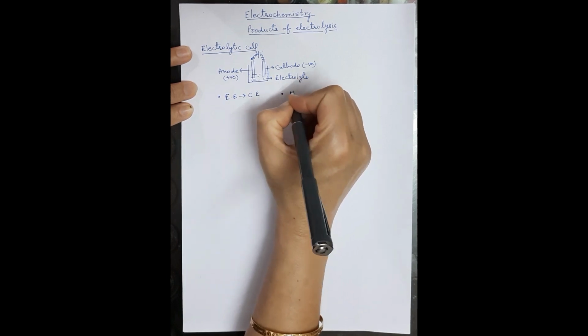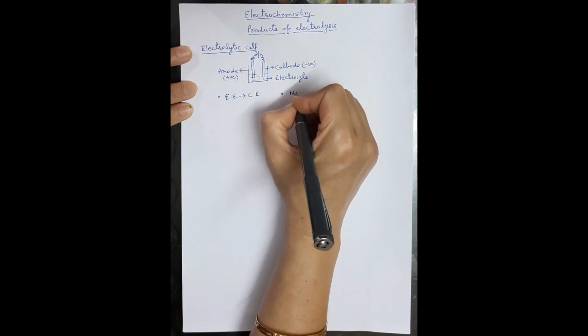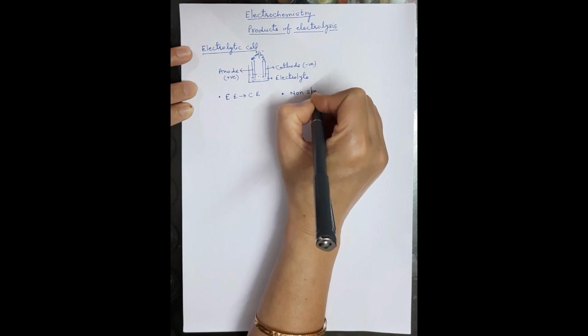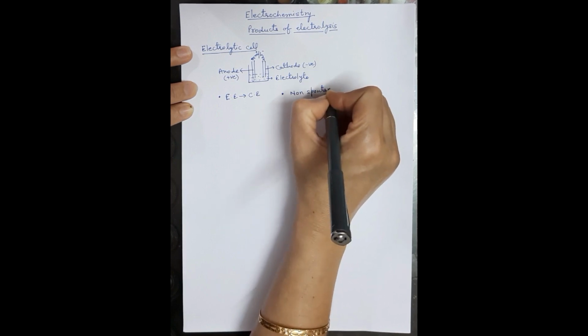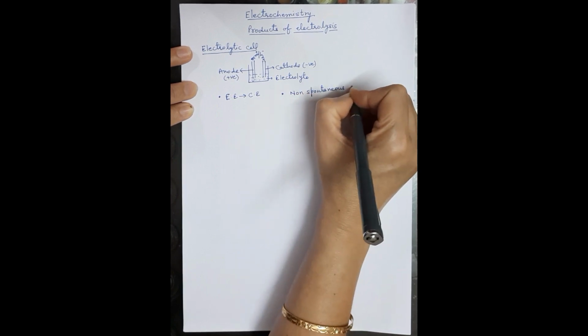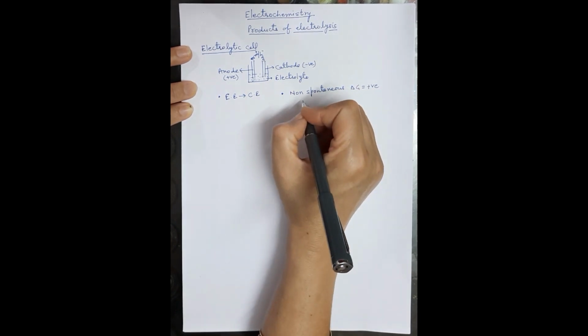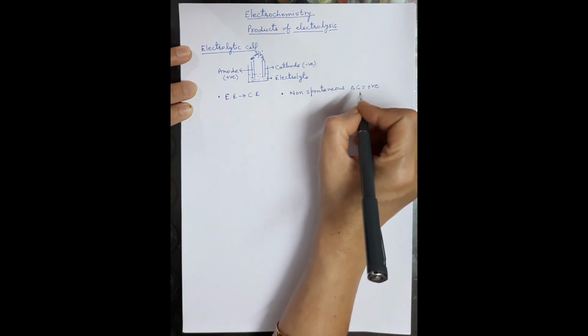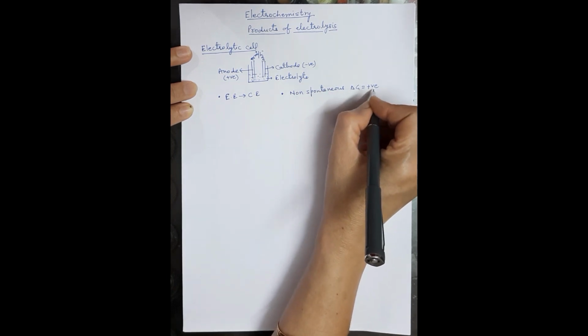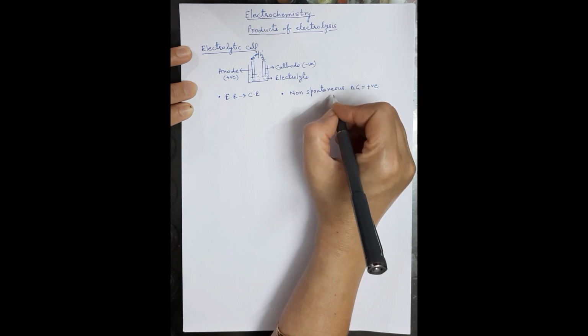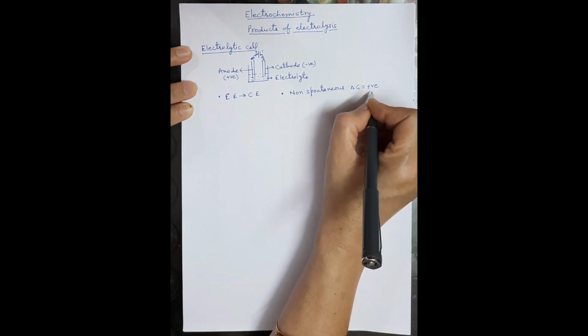The reactions which are occurring in an electrolytic cell are non-spontaneous, and in all such reactions delta G is positive. You have studied in class 11th that all spontaneous reactions have Gibbs free energy change as negative. As it is non-spontaneous, delta G will be positive in this case.